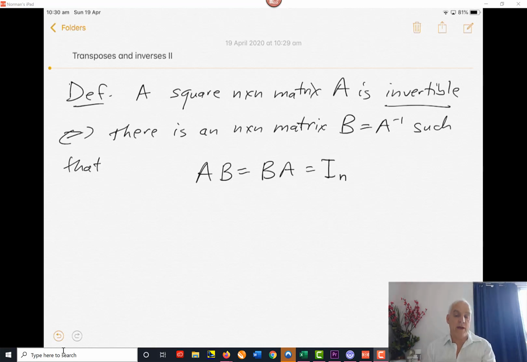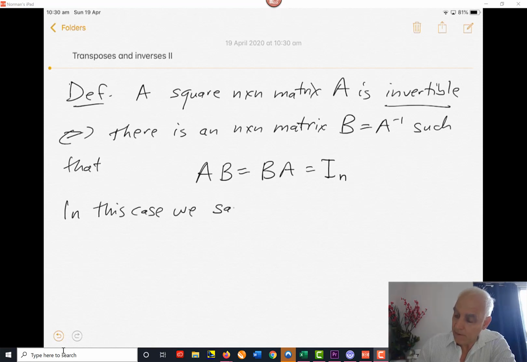I'll put I sub n there, meaning the n by n identity matrix. In this case, we say that B is an inverse of A.